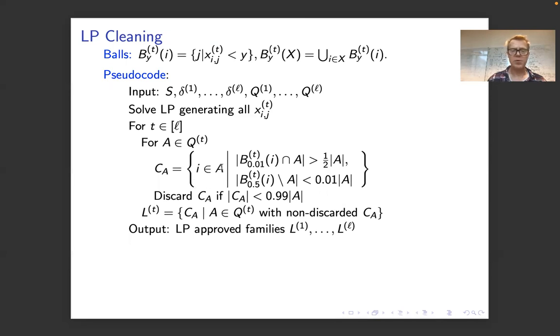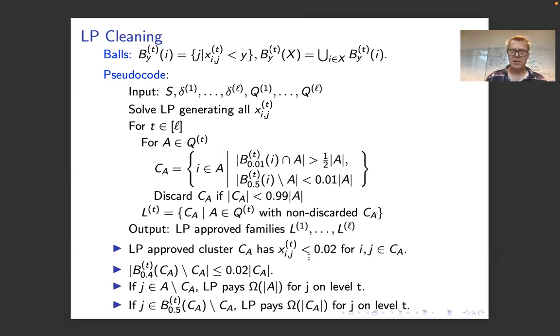If after having removed those species, you lost more than 1% of the cluster, then you discard it completely. So you just do this for all clusters. And this is how you involve all the different distances generated by the LP. And now you have cleaned these clusters, and these are the LP approved families. So it will be a subset of the input clusters, and some of them will have been reduced a bit, but never more than 1%.